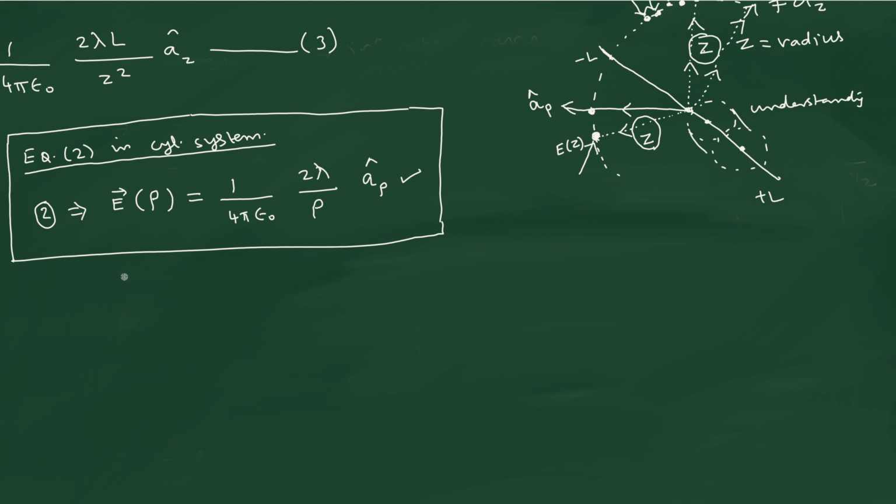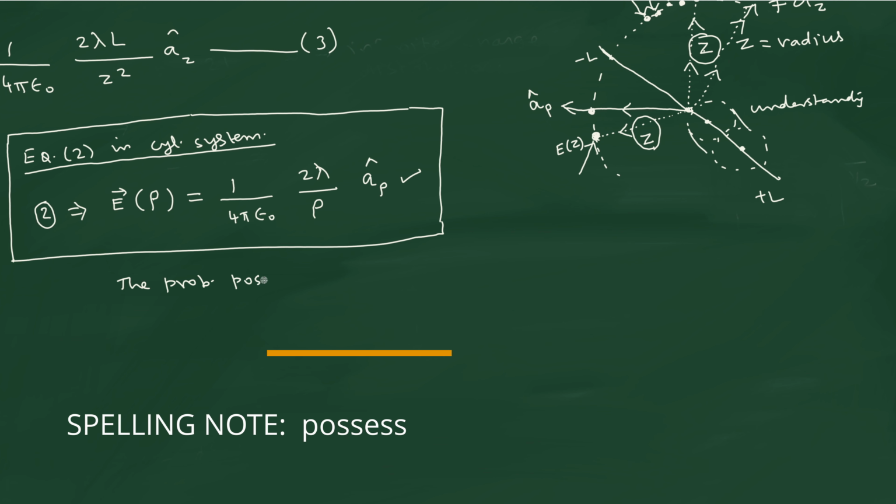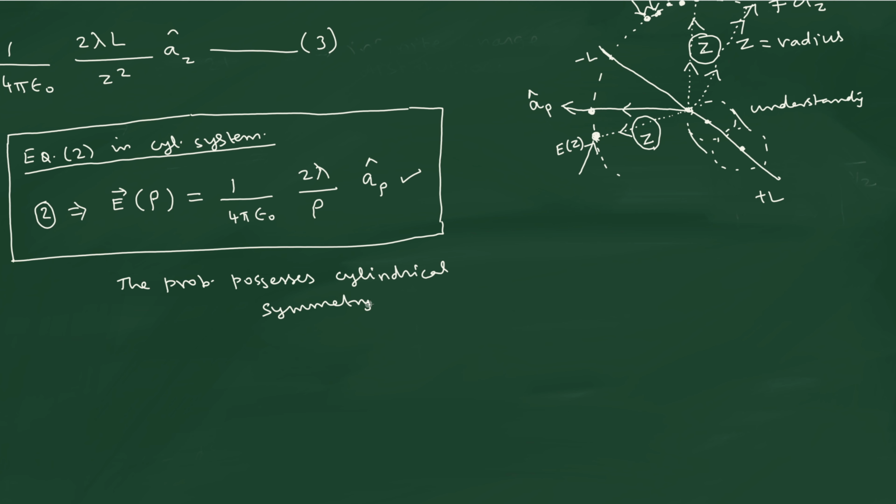And we conclude that the problem therefore possesses cylindrical symmetry, which you are now only visualizing. It is already there. Only thing is that we have not put effort to visualize it. Now we are able to see that it has a cylindrical symmetry.